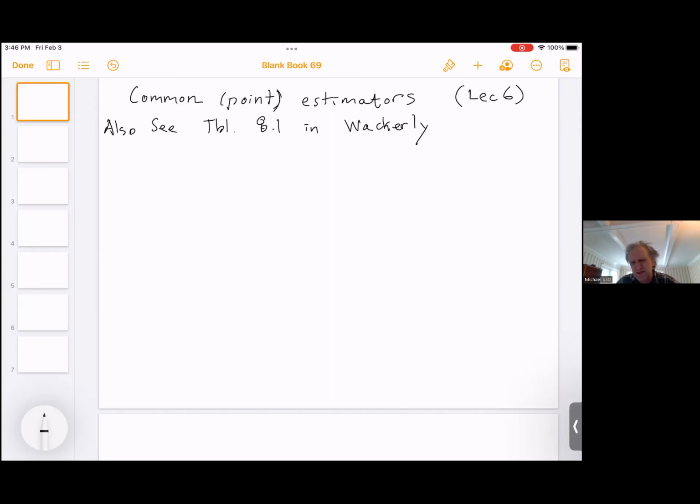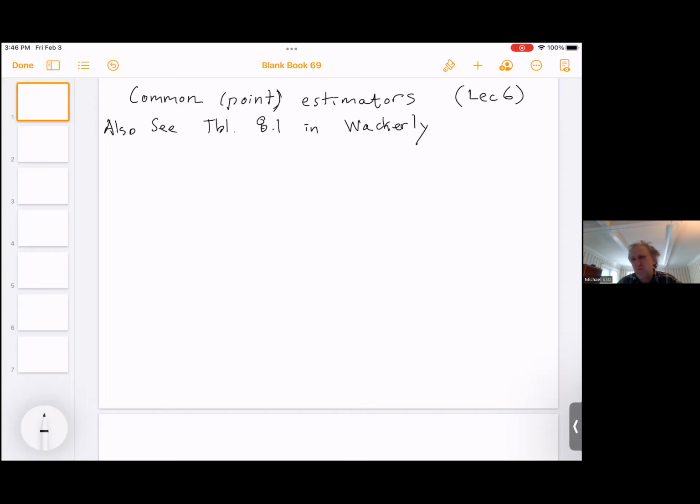A lot of this is just getting a sense of what the notation means. This is based on table 8.1, but I do think it helps to really think about what it means. You don't necessarily have to read the whole chapter, just understand what we're talking about. I think this video could do it for you.